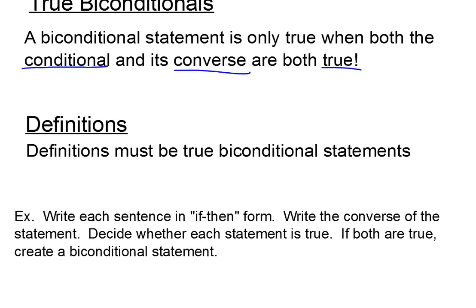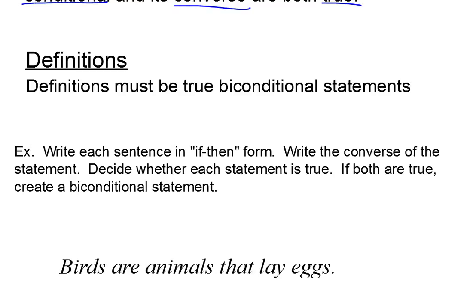In geometry, definitions will only be true if a true biconditional can be made, right? In other words, a good definition has to be a true biconditional. In other words, both the conditional and the converse have to be true statements.